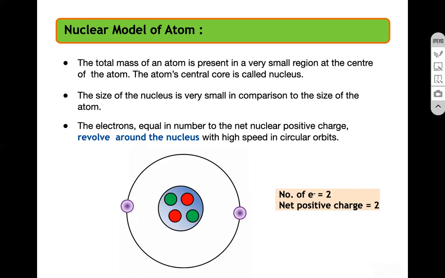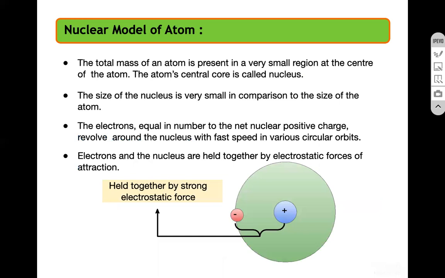Okay, next. Can I move to the next thing? Here, electrons and the nucleus are held together by an electrostatic force of attraction. Actually, electrons and alpha particles have a huge difference in mass. An alpha particle is very, very heavy compared to the electron mass.